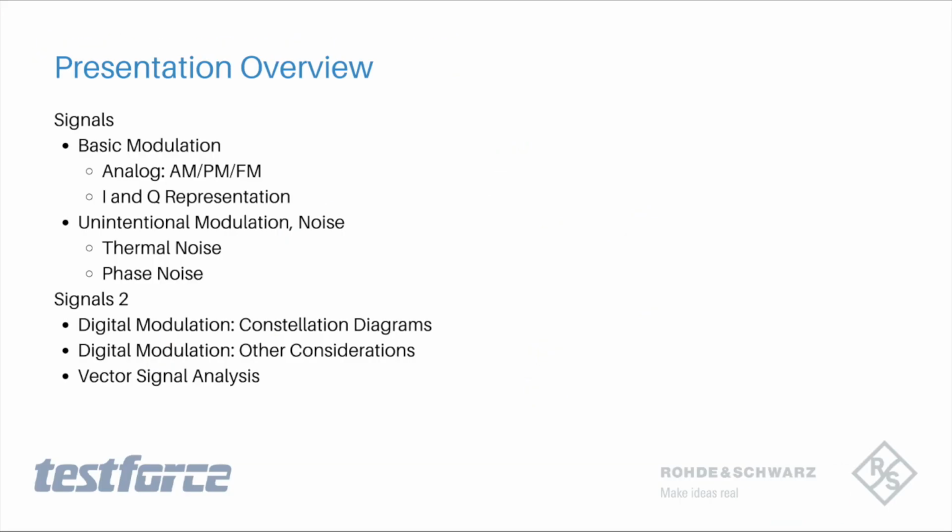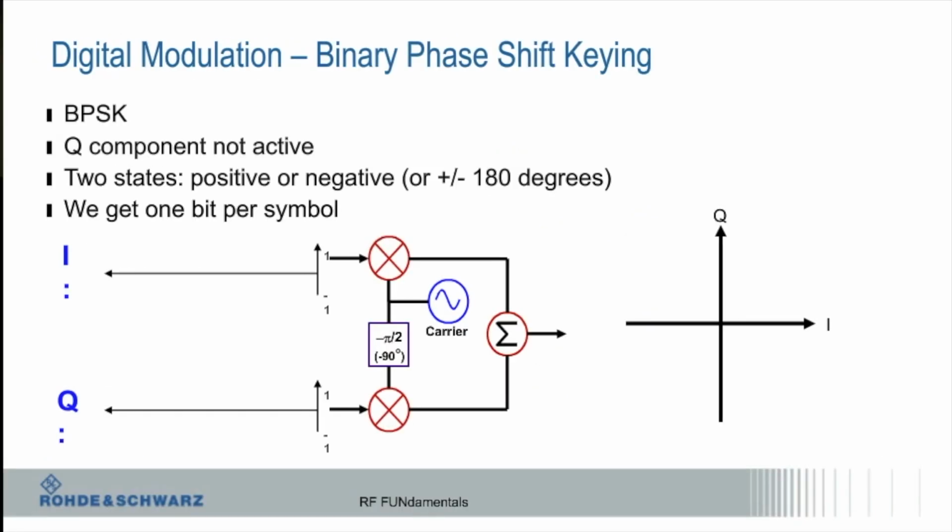Digital modulation, constellation diagrams. Now we're going to get into what it looks like after I've done the stuff we just talked about. I made that quadrature, I summed together that I and Q stream, and what does it look like on the constellation? That dot now represents 2 bits of information, right? If I'm doing QPSK, oh, I'm sorry, this is BPSK, so it actually represents 1 bit of information.